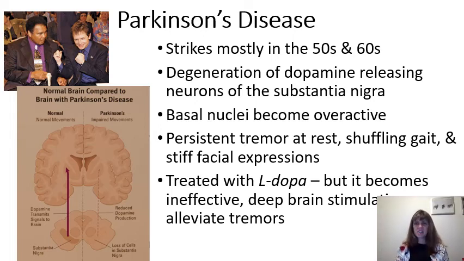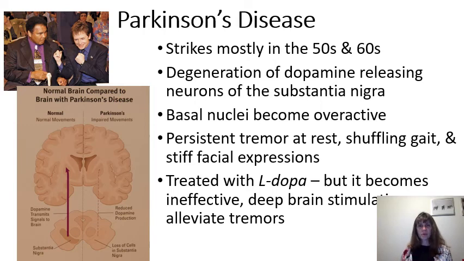As degeneration in the substantia nigra occurs, there are other groups of cell bodies in an area of gray matter inside the brain called the basal nuclei that start to become overactive. And this basically messes up the person's ability to move correctly.